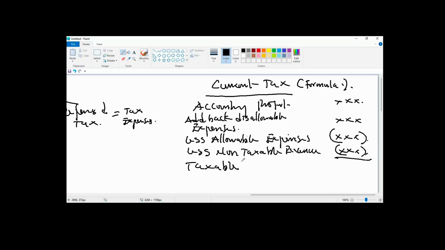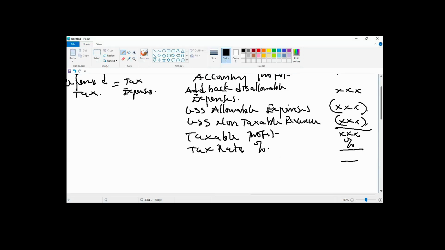Once I have gotten my taxable profits, I will now apply the tax rate to it. Please mute yourself, please, for God's sake. The tax rate is a percentage. This will now give me current tax.